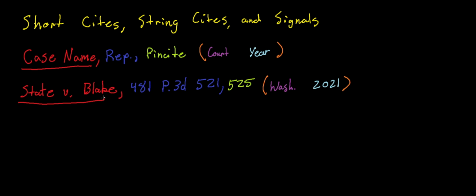The reason we don't use state is that we would have too many cases named state. So we get rid of one name, and then we replace the first page of the cite with the word at, and we get rid of the parenthetical court and year.